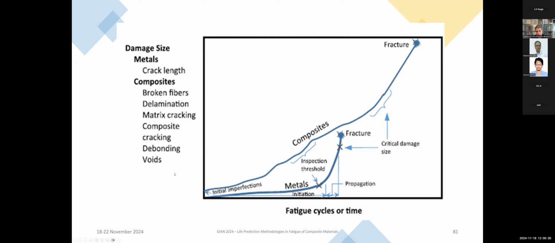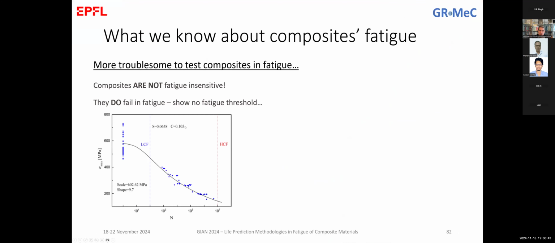We have broken fibers, we have delamination, we have matrix cracking, we have composite cracking, we have debonding, we have voids, we have so many effects that are synergized. They work together to lead finally to the fracture at a certain point. So we know now that it's more troublesome to test composites.